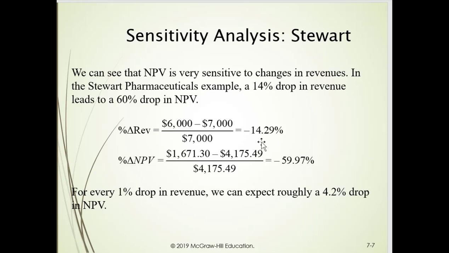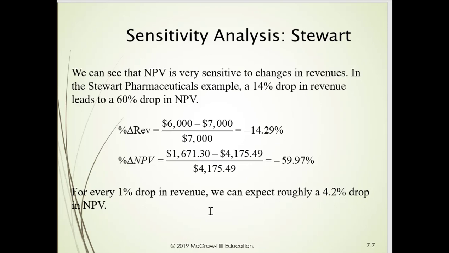And if you do a little bit of simplification, it says for every 1% drop in revenue, we can expect a 4.2% drop in net present value. What that tells us is that revenue is probably pretty important to understanding the outcome of these particular projects.